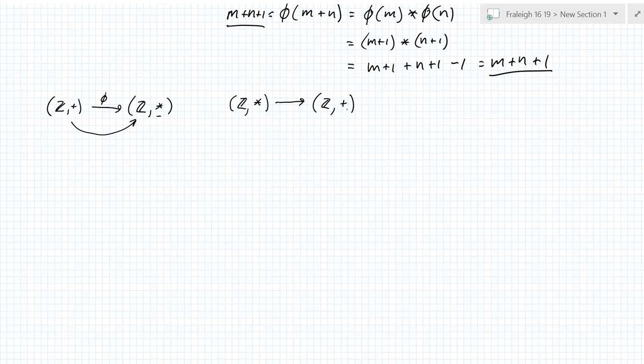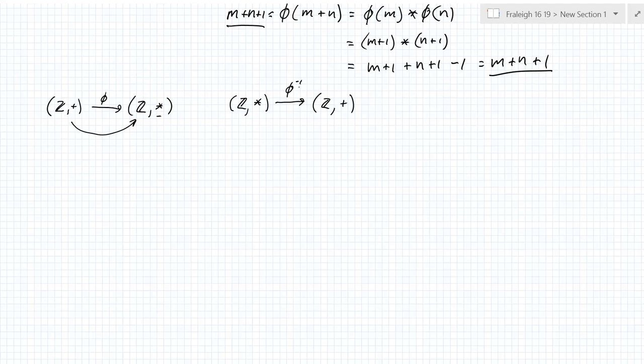But notice that since phi is 1-to-1 and onto, as a set map, it's invertible. Remember, any set map that's 1-to-1 and onto has a well-defined inverse. So Fraleigh doesn't say it, but he really means that you want to use phi inverse going this way.